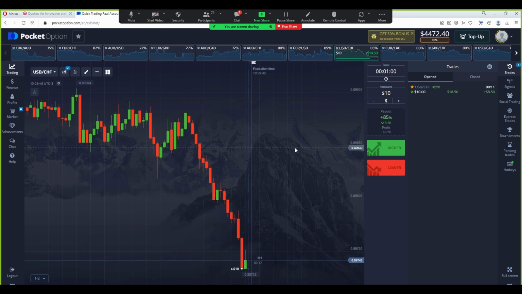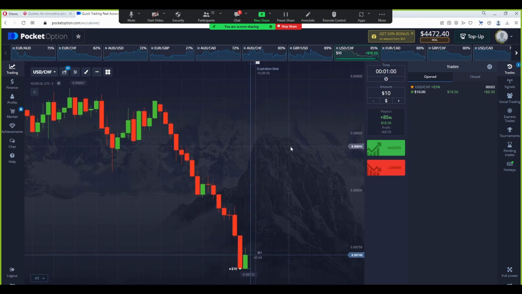As the price turned upwards and corrected after a strong price momentum, the option closed successfully without any problems.